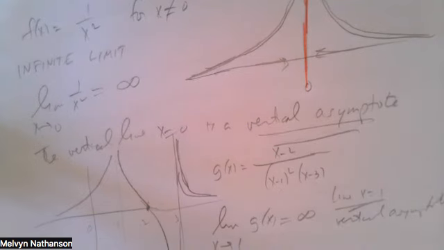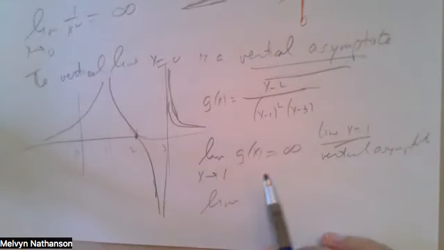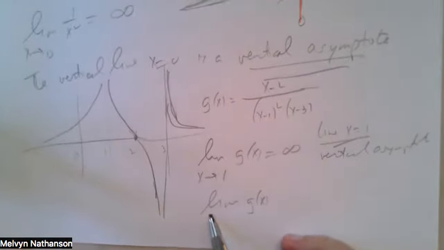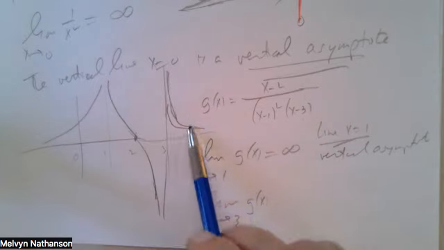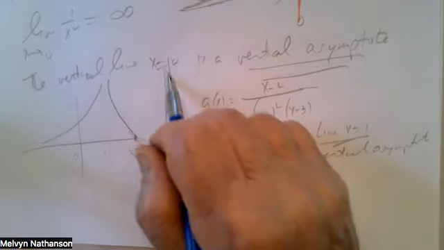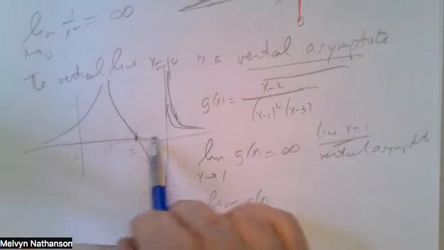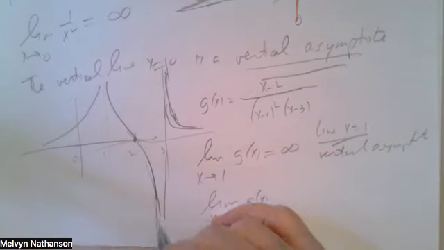If I ask about the limit of this function g of x as x approaches 3, that doesn't have a limit, because as you approach 3 from the right, the function is shooting up to plus infinity. But as you approach 3 from the left, the function is shooting down to minus infinity. But what you can say is that this has one-sided limits.